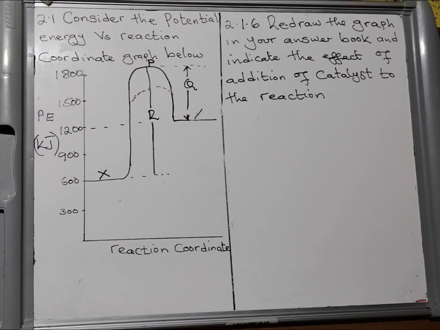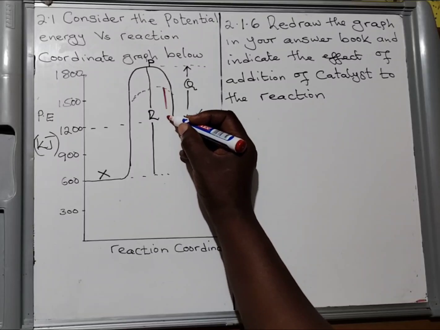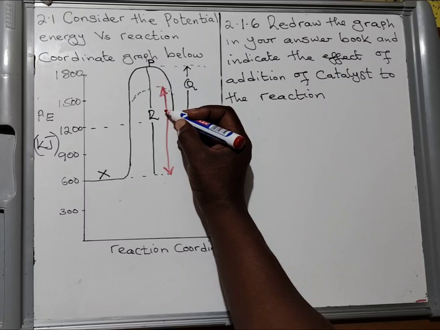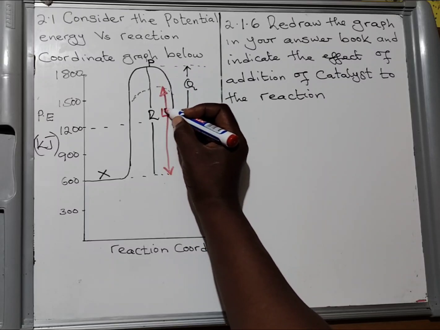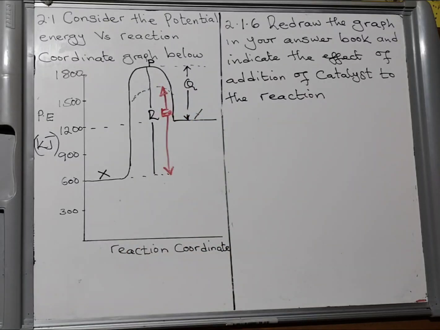If that's our new activated complex, then our new activation energy is going to be this one. This is EA catalyzed. That's how we show the effect of a catalyst on the graph. We just lower the activated complex, and that's it.